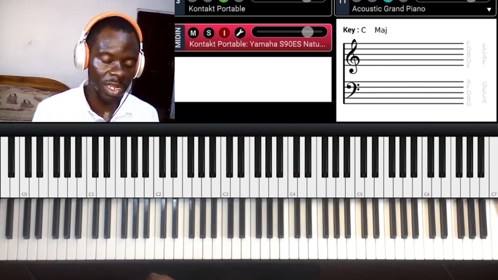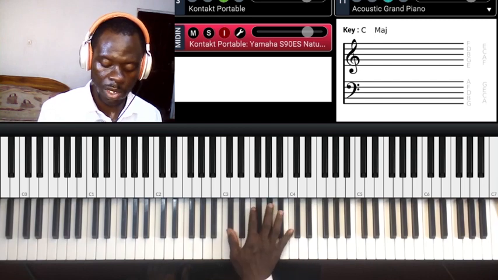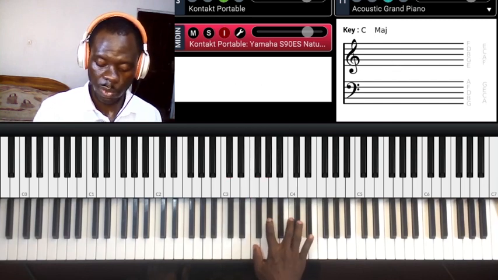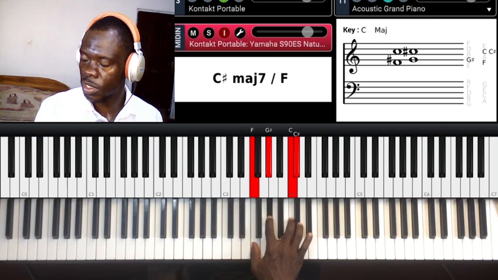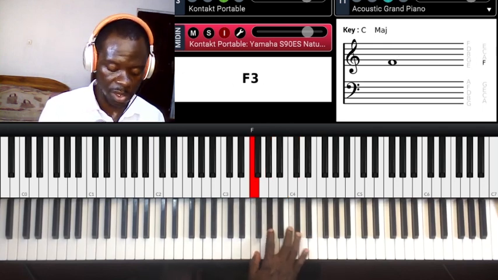Now let's do the second and then the third inversion. So this one is now this way. Alright, so what we do in the second inversion, let me play it here.